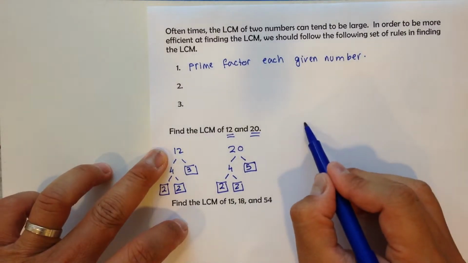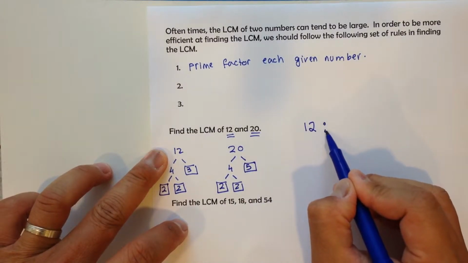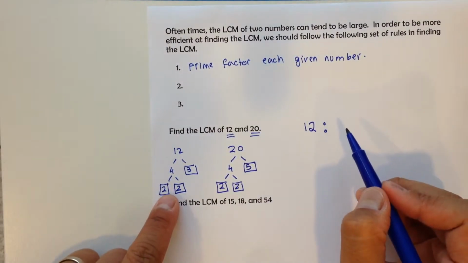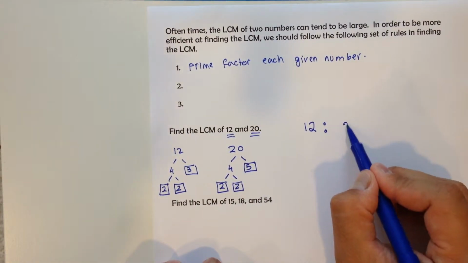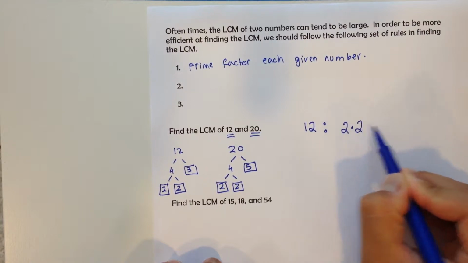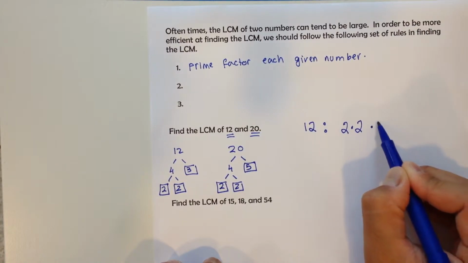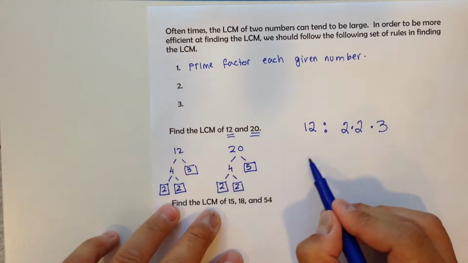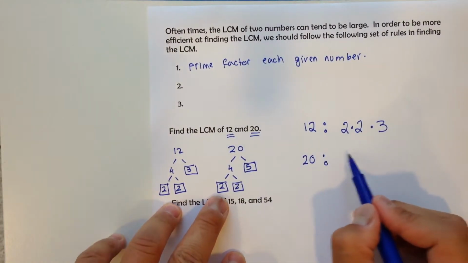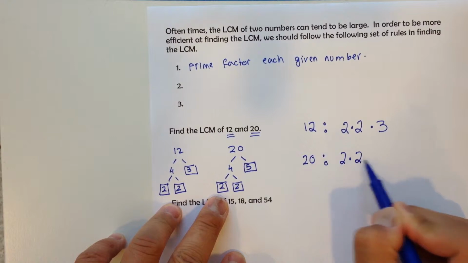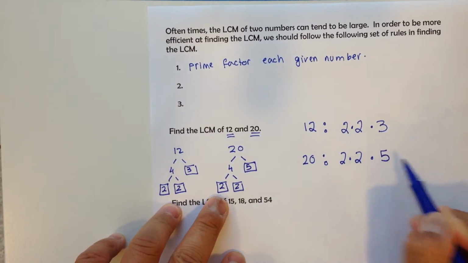So 12, write it like this, and you have to be very careful. 12 is 2 times 2 times 3. Alright? 20 is 2 times 2 times 5.